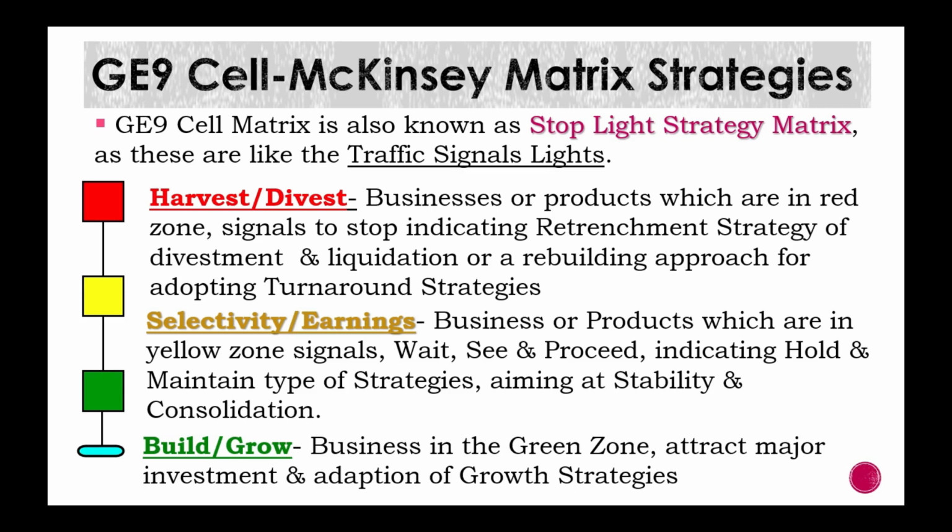The yellow color zone indicates a cautious approach for selectivity or managing the earnings, indicating to wait, see and proceed, hold, and suggesting maintain type of strategies aiming at stability and consolidation. While for the businesses which are falling in the green zone, it indicates to build or grow, which attracts major investments and adoption of growth strategies.